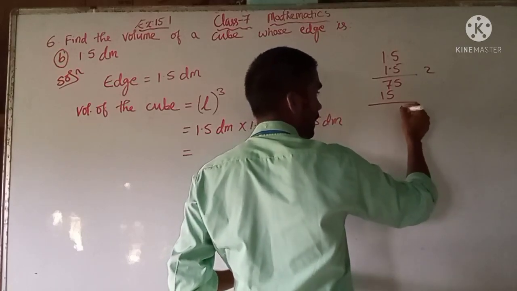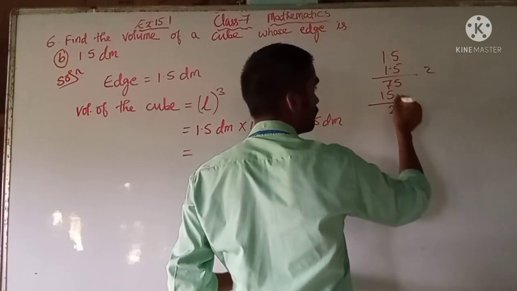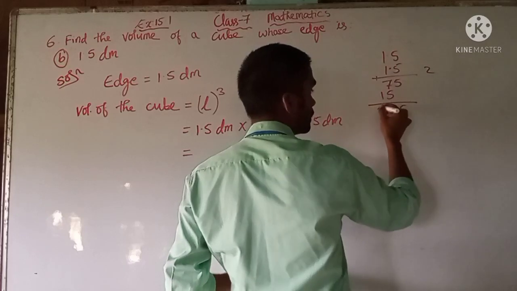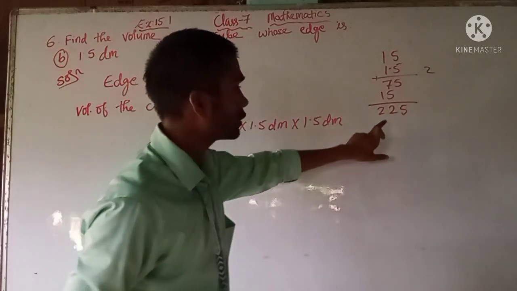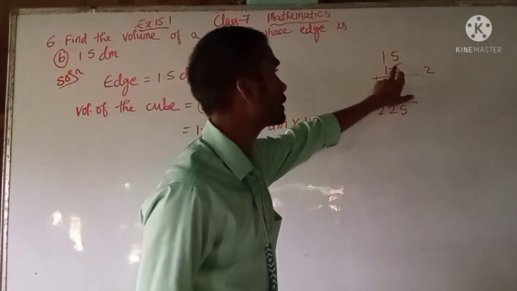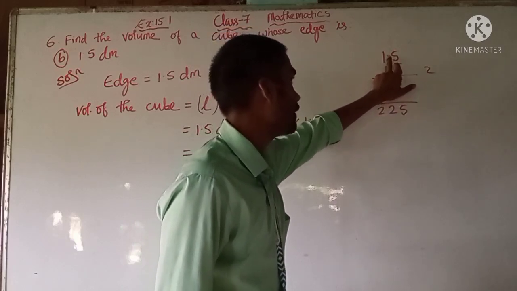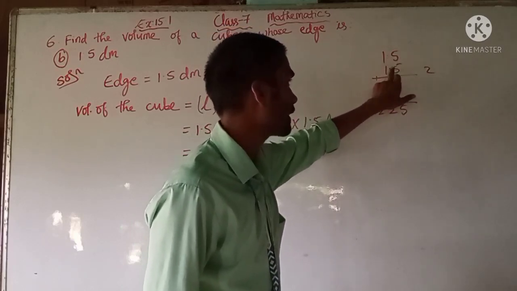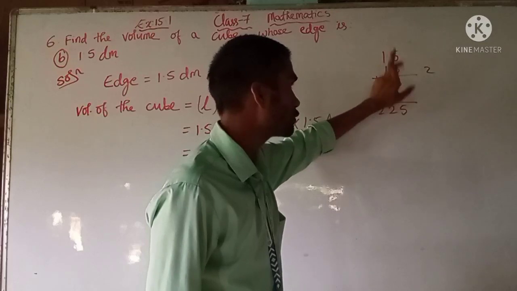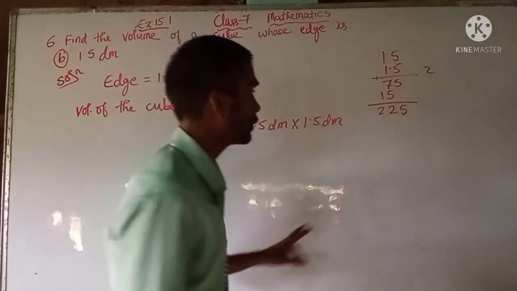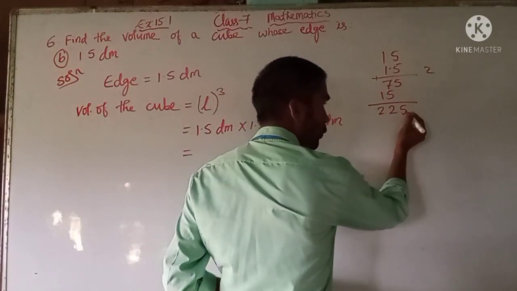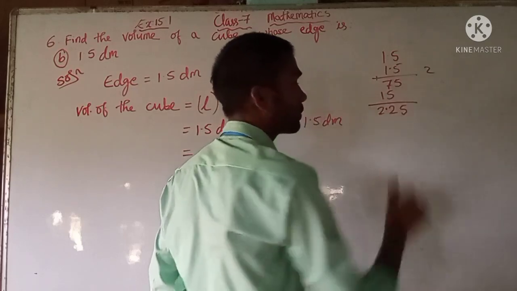Now add it, 5, 7 plus 5, 12, 1 in hand, 1 plus 1, so 2. So we got 225. Now we will count the decimal point. After the decimal point, 1 digit is here, again 1 digit here. So a total of 2 digits are there after the decimal point, so we will put the decimal point here.